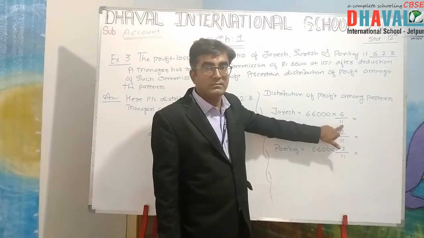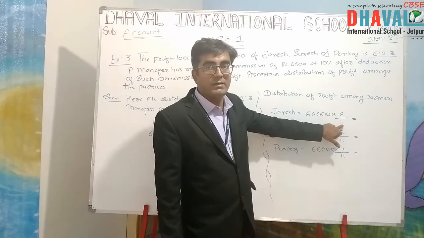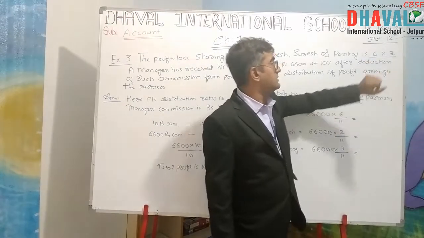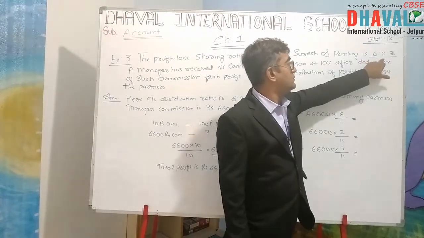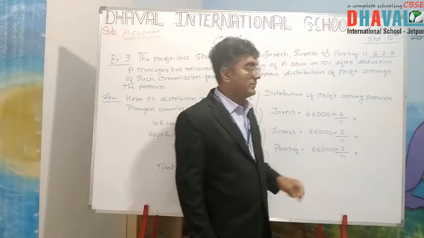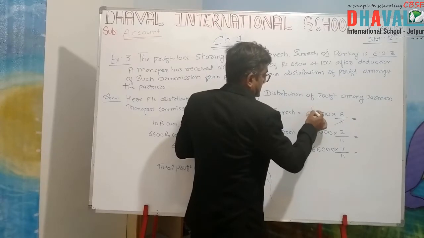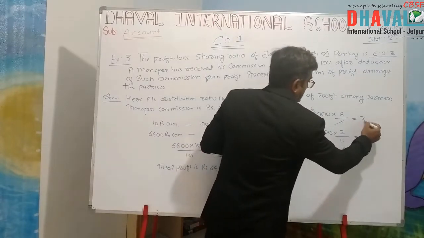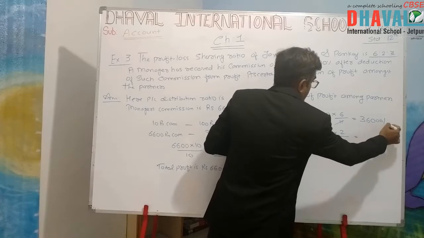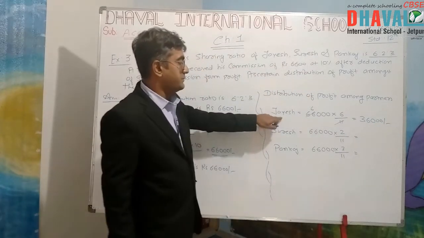One question arises: from where do we get the 11? Add all the 3 parts: 6 plus 2 plus 3, you get 11. Now we cancel the terms. 11 6s are 66, 6 6s are 36,000 rupees, which is the profit payable to Jayesh.